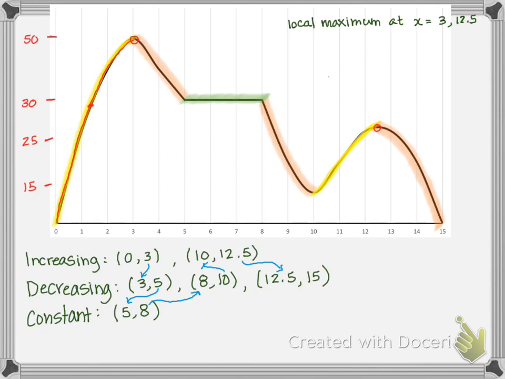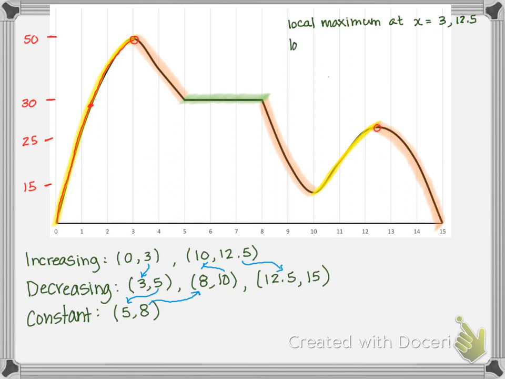We sometimes do talk about the y values of our maximums and minimums, and when we talk about the y values at maximums and minimums, we call them the local maximum value of the function. So when we talk about the value of the function, that tells us that we're looking for y values.